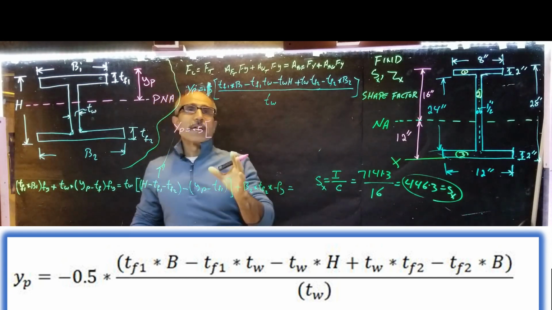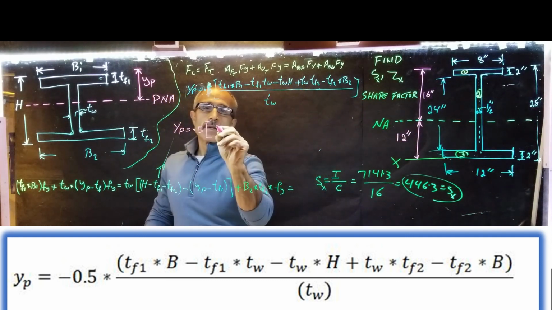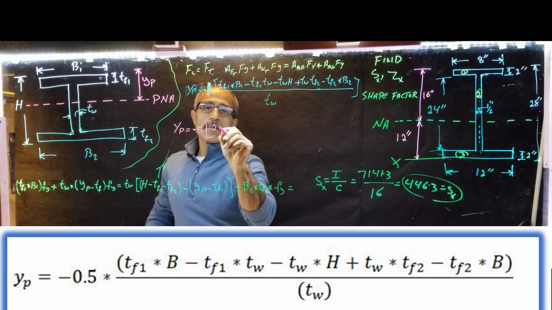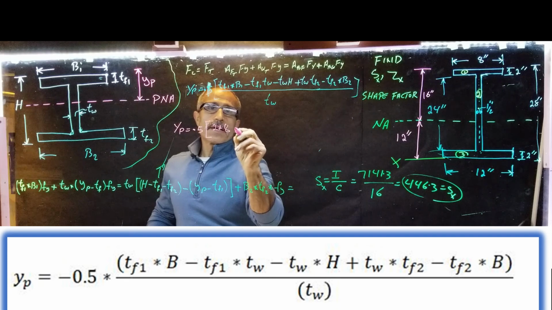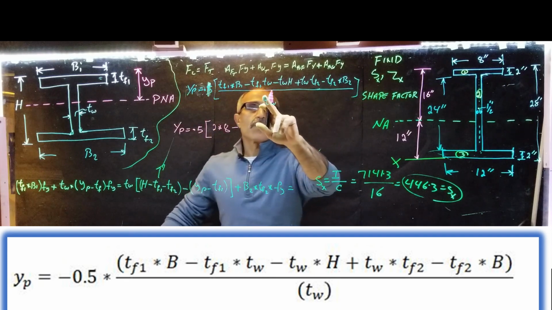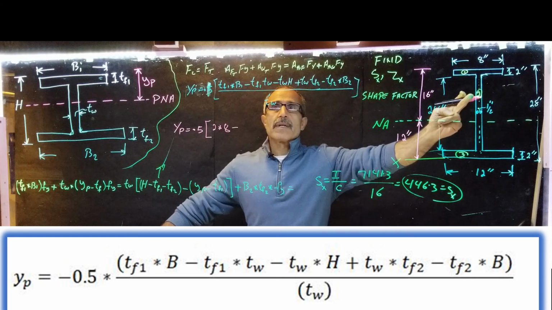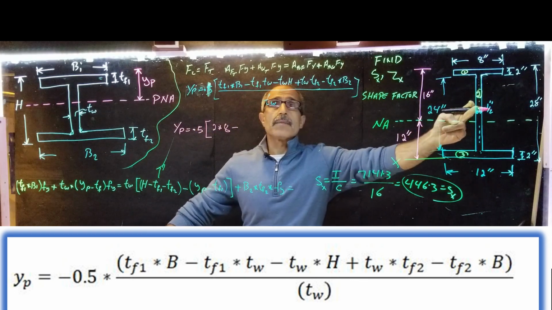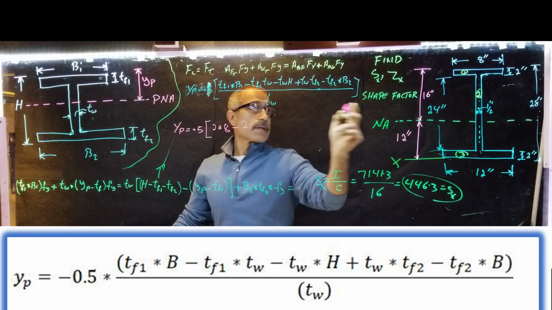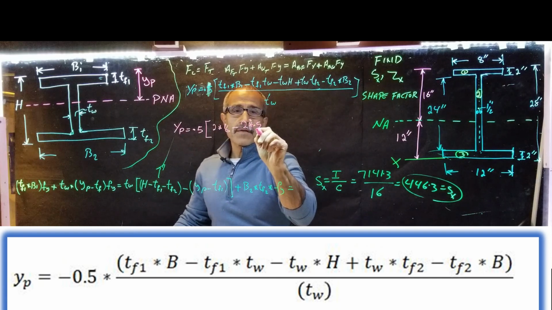What is my TF? TF is 2 inches, times B1, which is 8 inches. Then minus TF1 times TW, so 2 times TW, which is half an inch, 0.5.